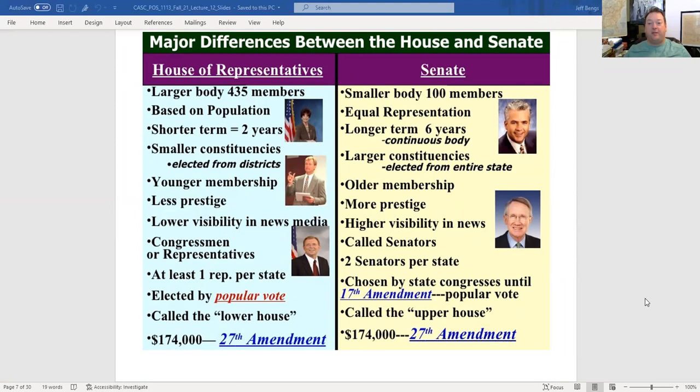But what's the difference between these 2 chambers? And this goes back to our study of the formation of the Constitution. Our legislative branch was going to be bicameral. Remember that? Which means the Senate is going to make sure that every state has equal representation, all the way from small little Rhode Island to heavily populated California.